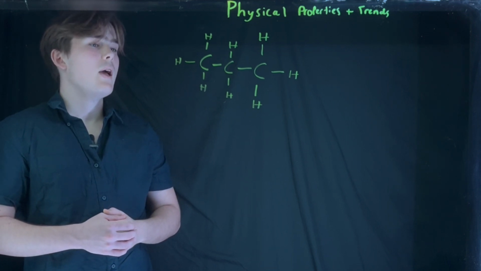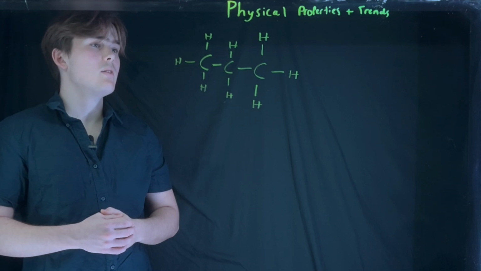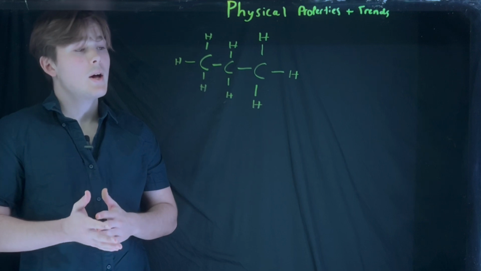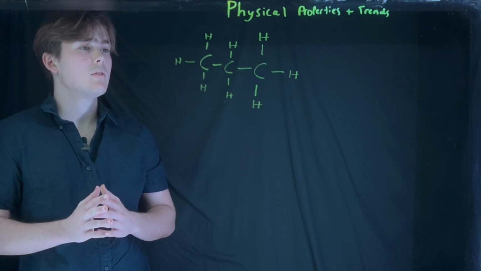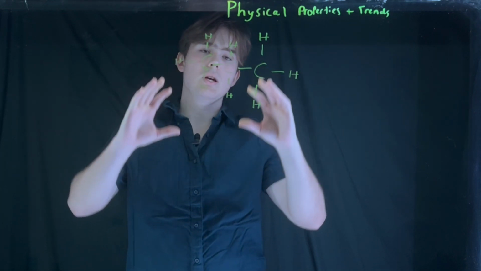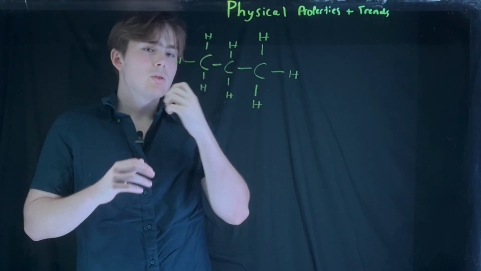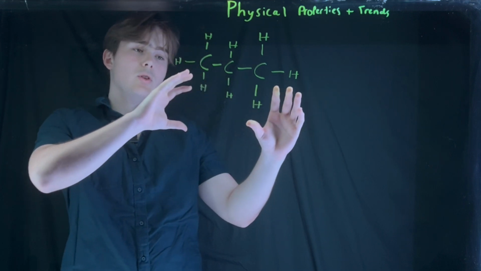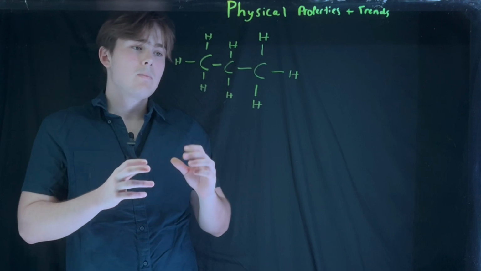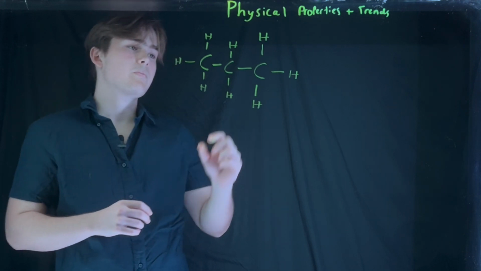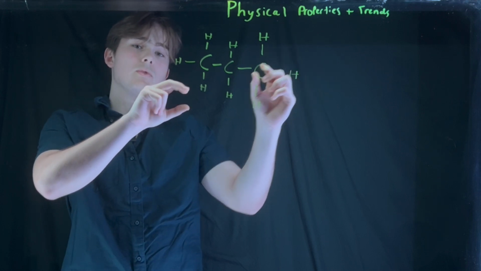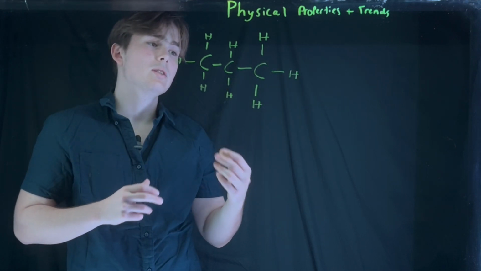And what you'll also find is you'll have dispersion forces. Dispersion forces are caused by electrons that move around the carbon chain. So electrons are moving all around this molecule, and at any specific time, you might have more electrons on this side of the molecule than you do over here. So what this will create is a temporary dipole.